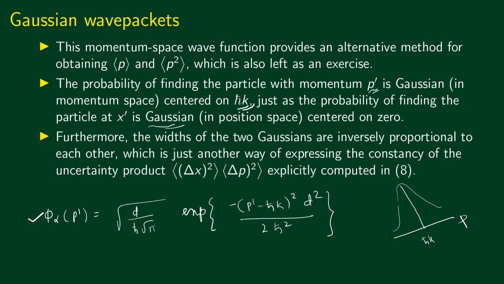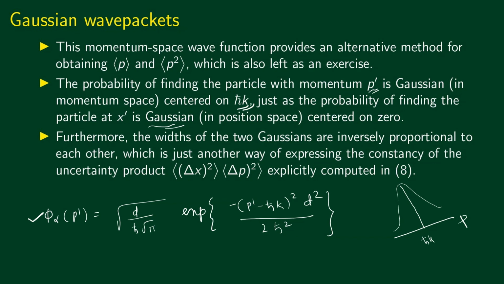Now, furthermore, the widths of the two Gaussians are inversely proportional to each other. Earlier, in the position space, we had this d square in the denominator. Now this d square is in the numerator, so we could write it as 1 by d square in the denominator. Whatever appears in the denominator characterizes the width of the Gaussian.